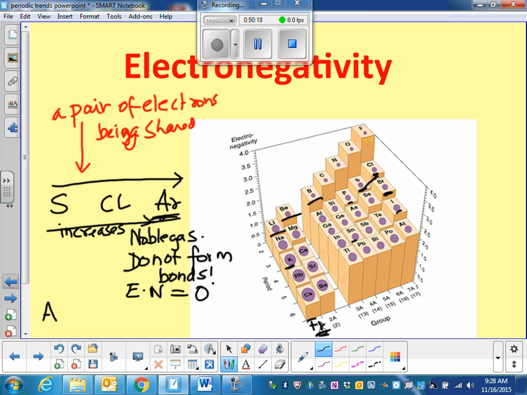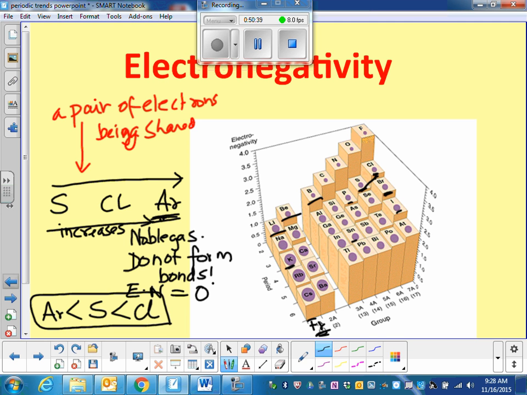So, argon will be the least among all the elements in the periodic table, followed by sulfur, followed by chlorine. That will be my order if you have a noble gas.